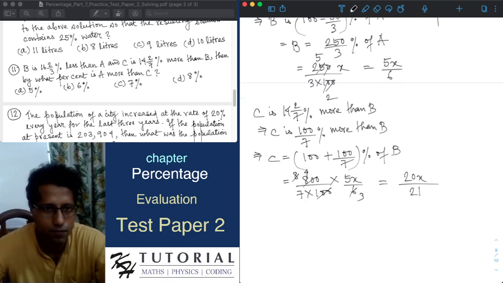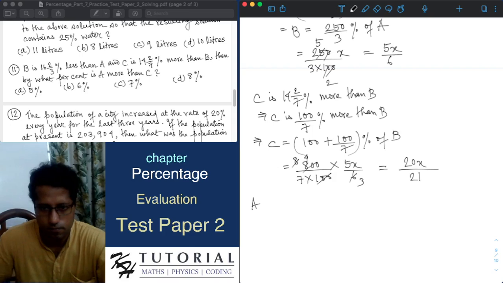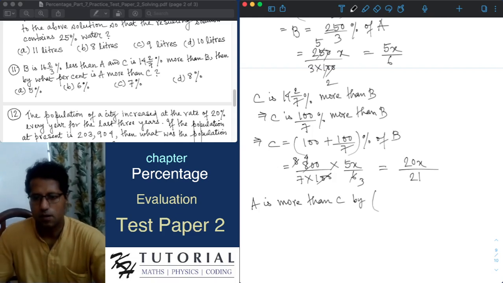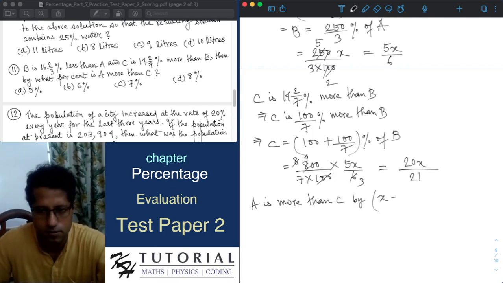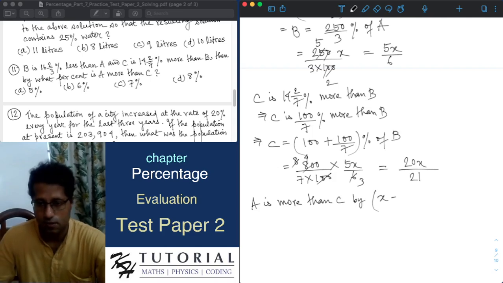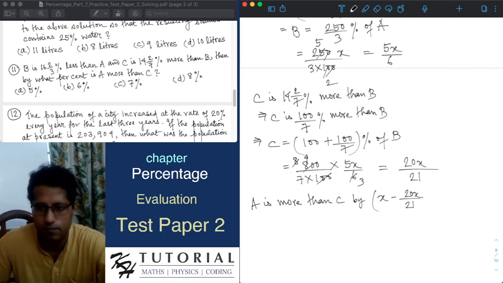Now it is asking by what percent A is more than C. A is more than C by the value of A minus the value of C. Value of A is x and value of C is 20x by 21.